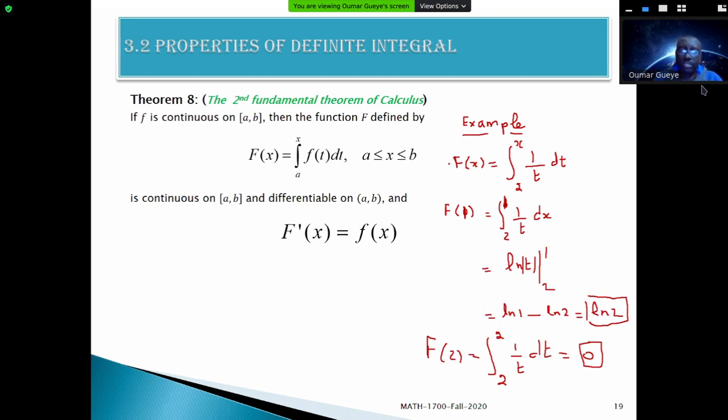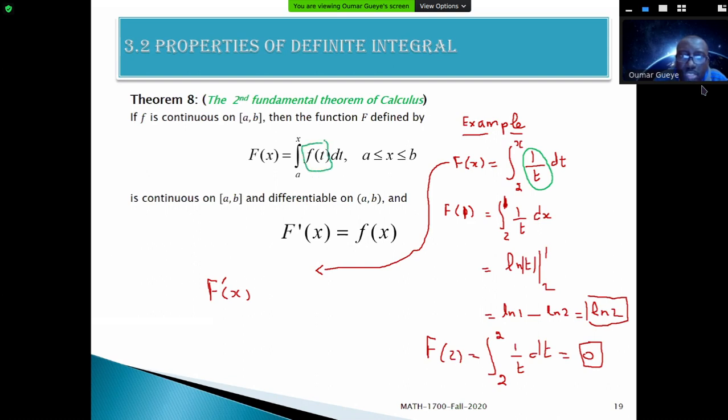For this function, the theorem says the derivative of f at x is equal to the function that you have inside the integral. This function is your f of t, exactly this one.